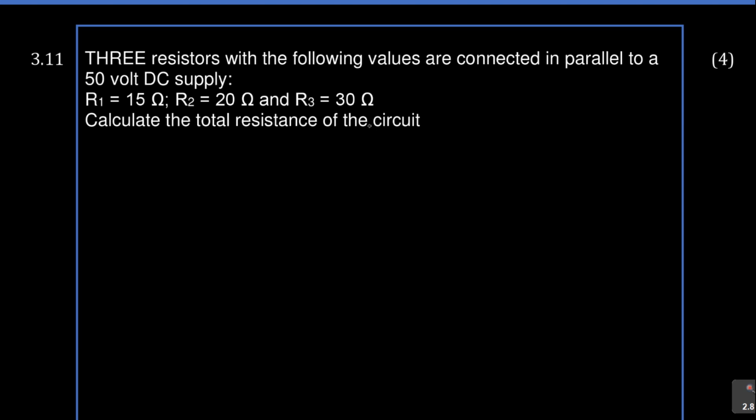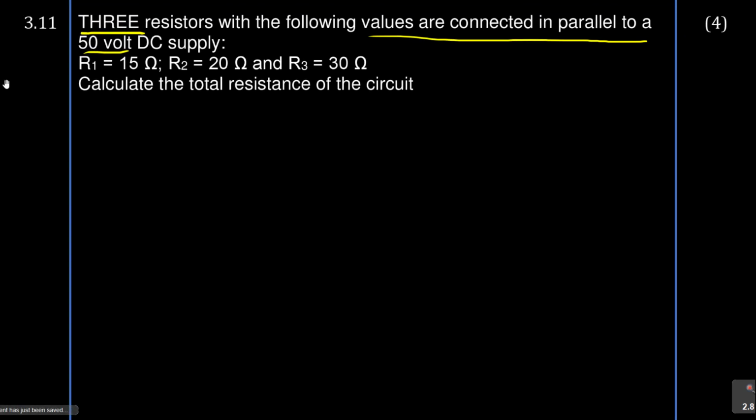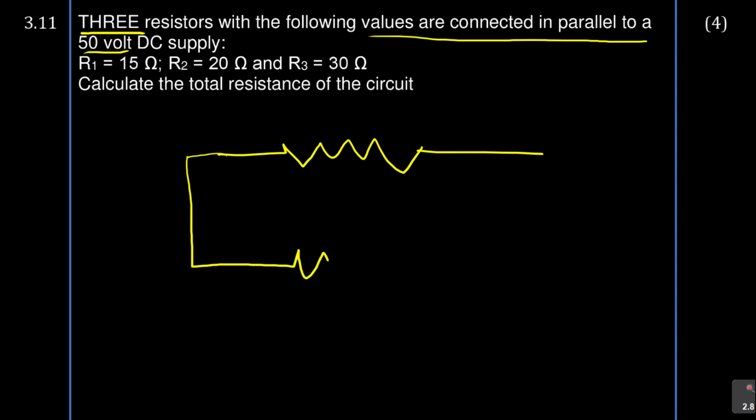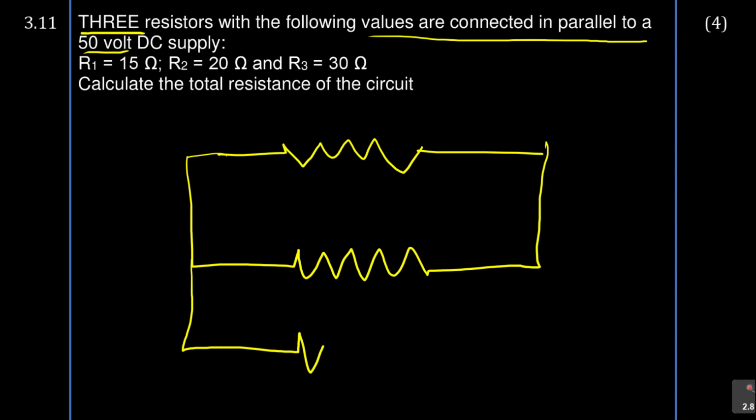2 questions that I brought so that they can add value as you prepare. 3 resistors with the following values are connected in parallel to this. So these are the resistors. So what do they mean? If I can quickly sketch this, you have a resistor 1, you have a resistor 2, you have a resistor 3.